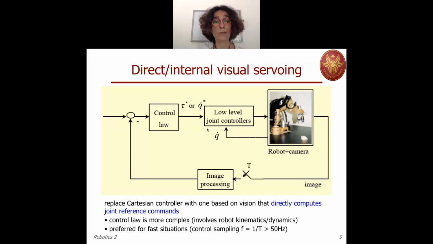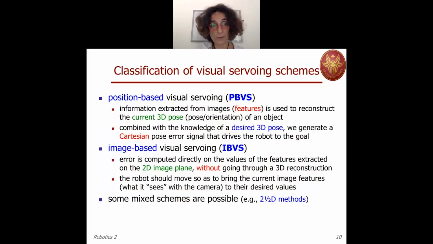The control law here is a bit more complex, and since we are generating commands directly for the joints, we need to include some information about the motion of the robot, so kinematics or dynamics.